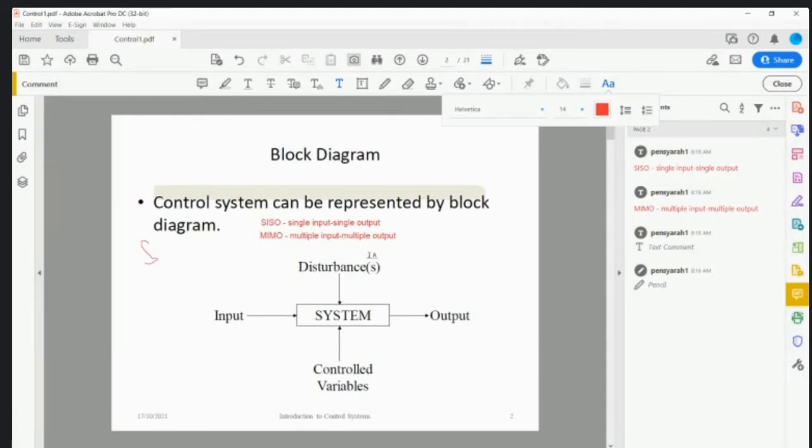But when we're going to control a system, we would like to simplify the system. If your system is a MIMO system, normally one controller is only able to control one output. Because if you're going to control many outputs with one controller, it's going to be a very complex controller.